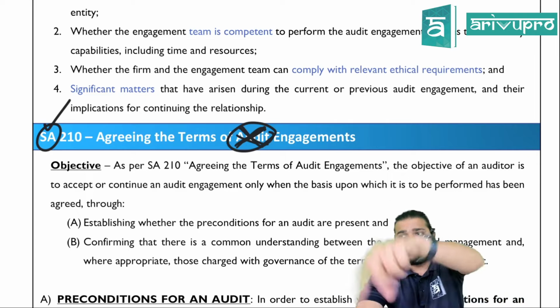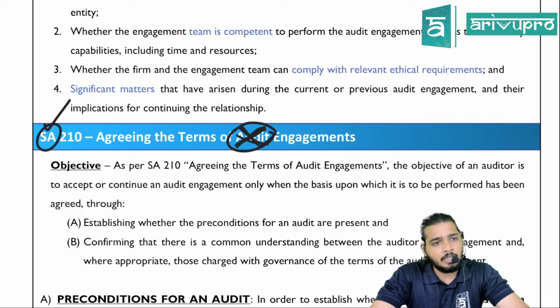This distinction is important. Half of the students don't know where to use this. They'll tell SA 210, 220, 230, 240. They'll keep on telling. Ask them where are you using it. They'll not be able to tell. So that distinction, that identification is very, very important. Clear? So SA means for audit.